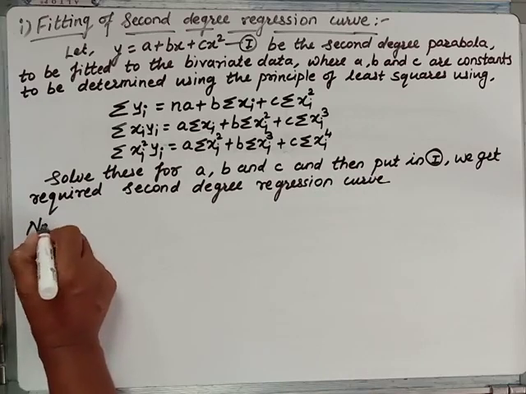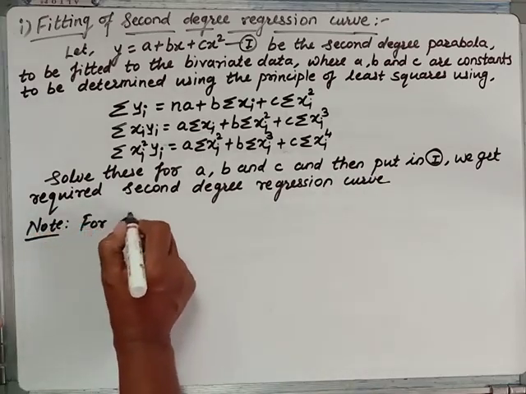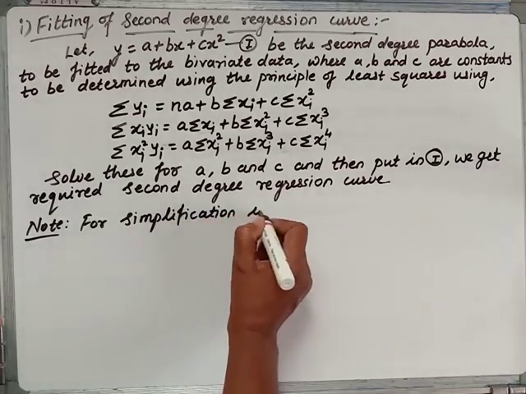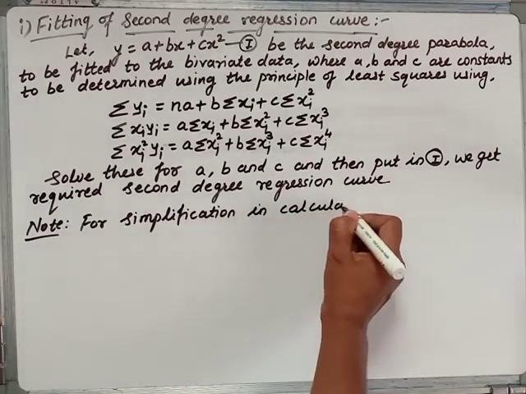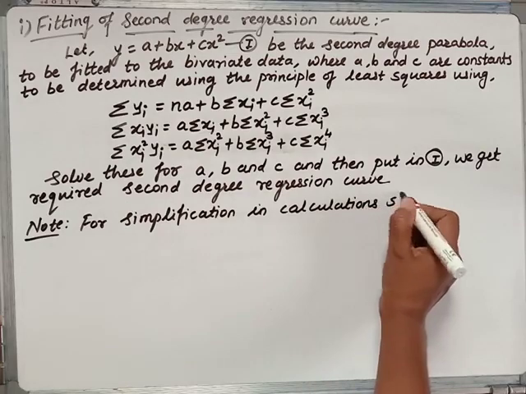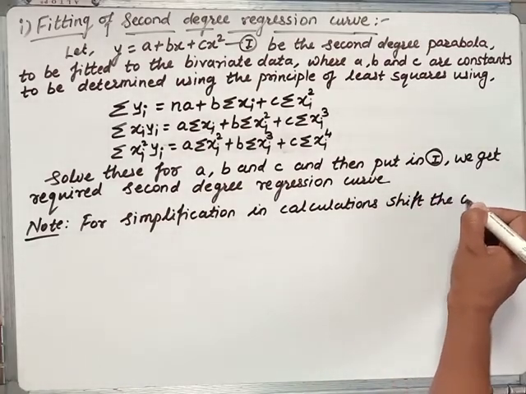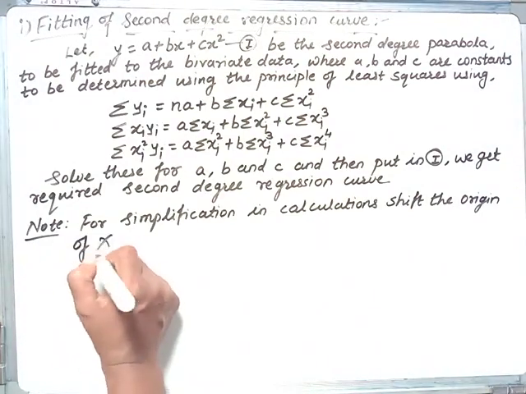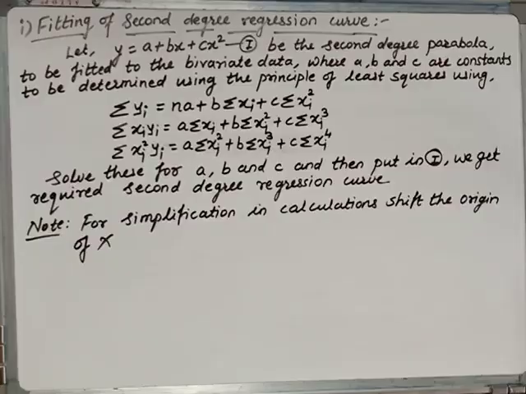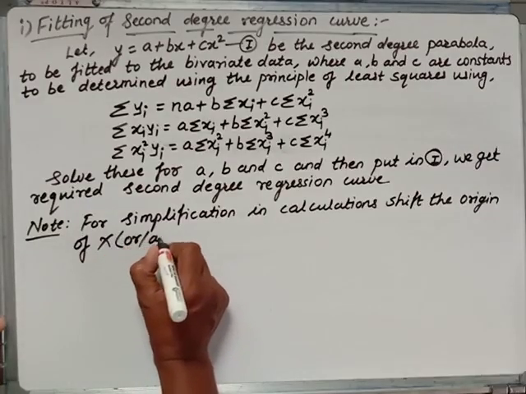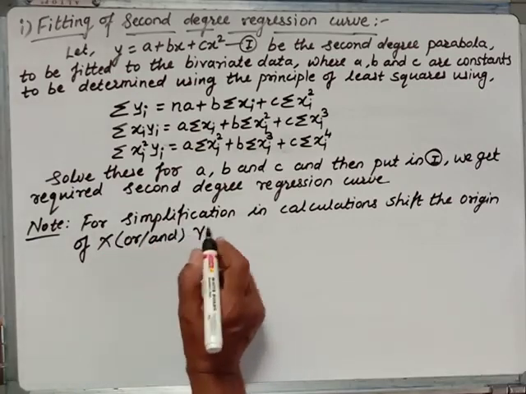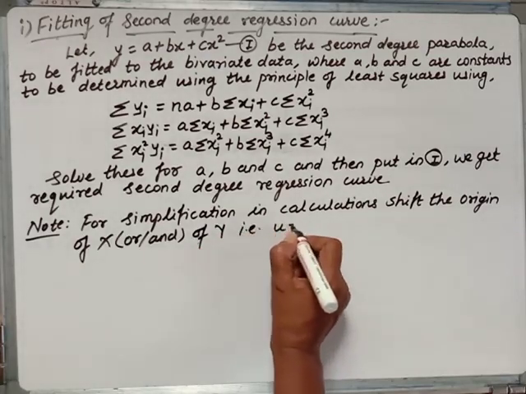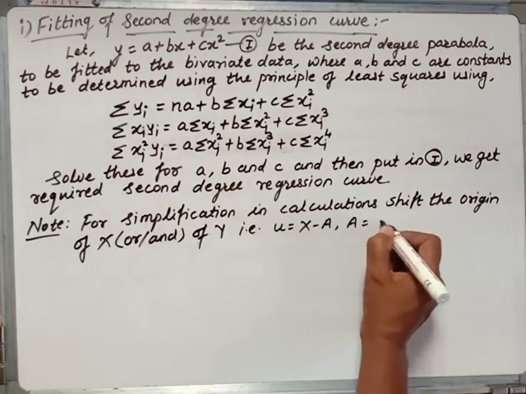Now here one more thing you should note. For simplification in calculations, shift the origin of x, or of x and y also, that is u equal to x minus a, where a is the assumed mean.